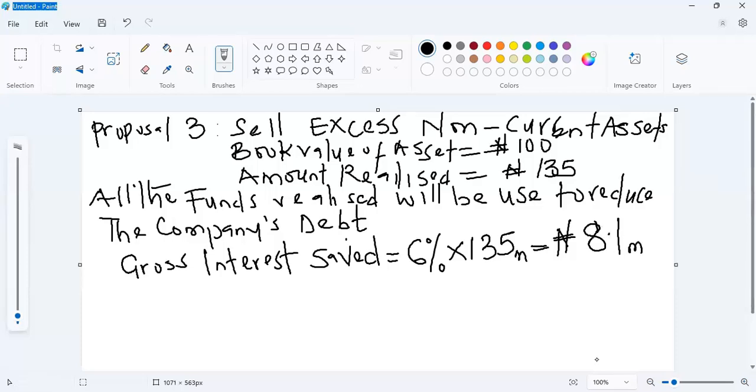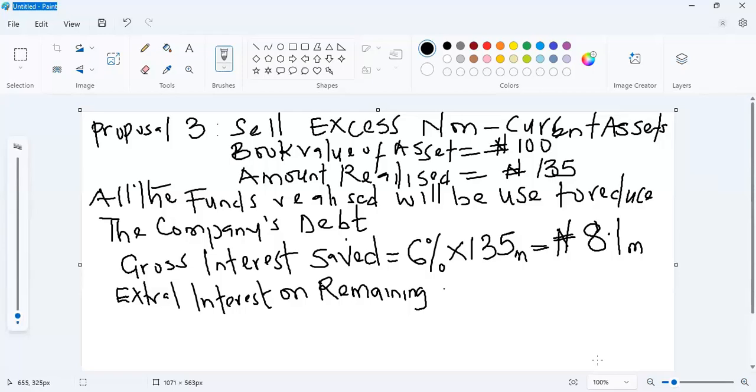Okay. Now, extra interest saved on remaining debt.